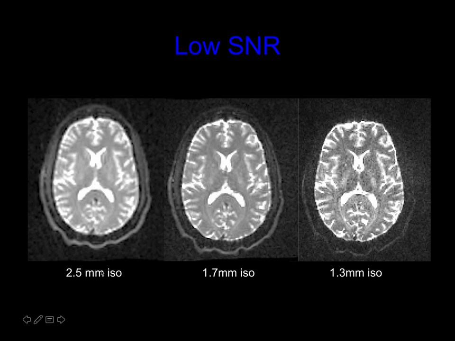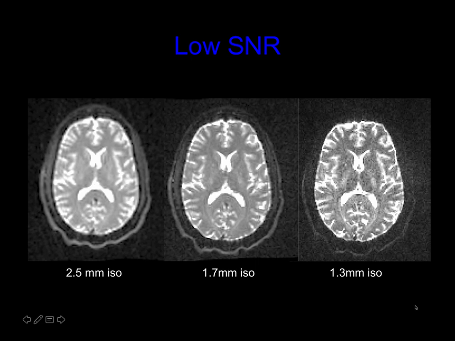A common way that this occurs is people want to push the resolution to higher and higher resolution to have more coherent tissue within those voxels, and get new anatomical structures that are elucidated from the higher resolution. So here I've got the same slice through the brain, and now I've got a 2.5 millimeter isotropic voxel, so 2.5 millimeters in all dimensions, 1.7 millimeters, and down to 1.3 millimeters.